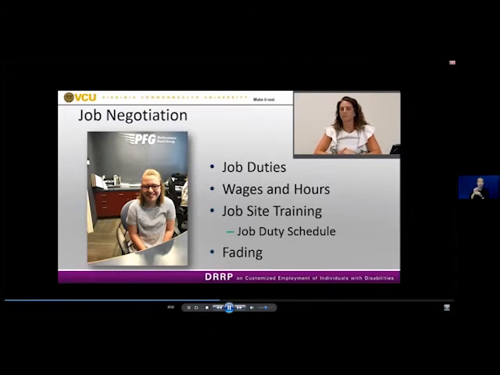So the next step for me was, after observing her for about 2 weeks, I approached management, and we started with a job negotiation. The management was very interested in Sarah having an employment specialist with her instead of one of the employees interrupting his day and job duties, to be with Sarah and make sure she's staying on task, doing the tasks appropriately and effectively.